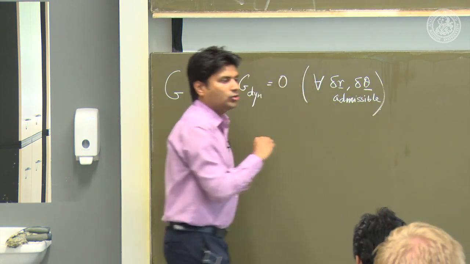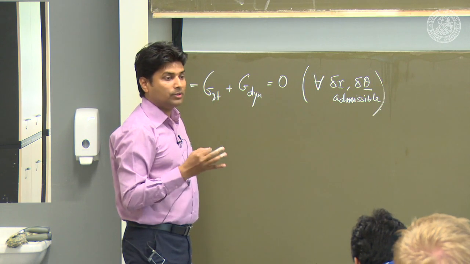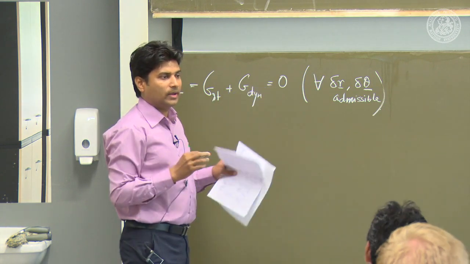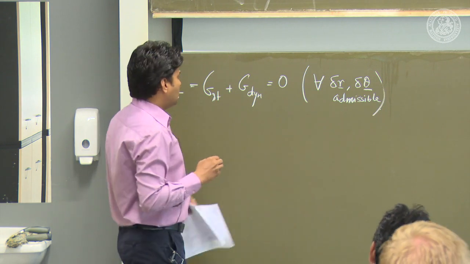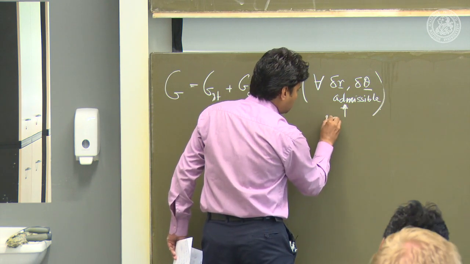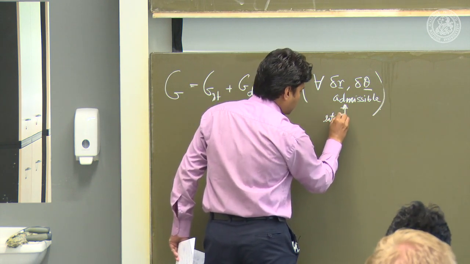And you must have learnt in your FEM course what is the meaning of admissible del r. So, they have to satisfy some boundary condition, kinematic boundary condition. All right. So, admissible means it should satisfy the kinematic boundary condition.